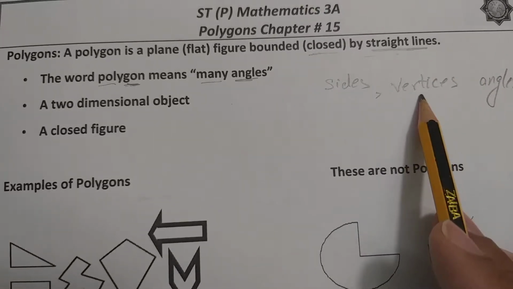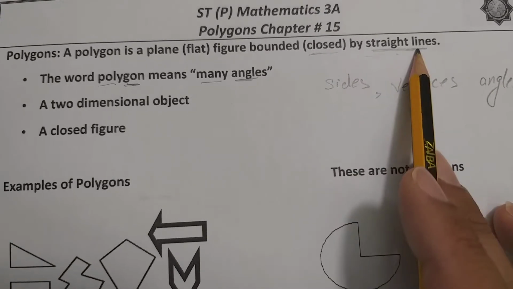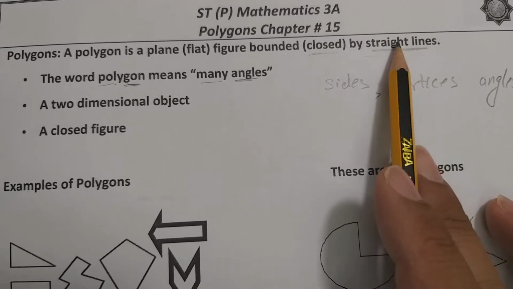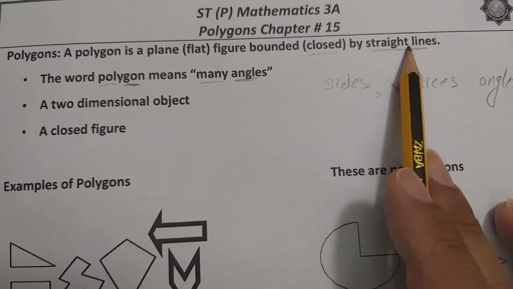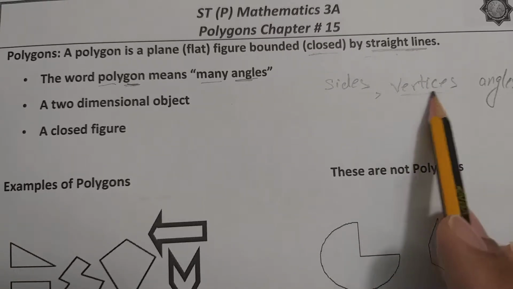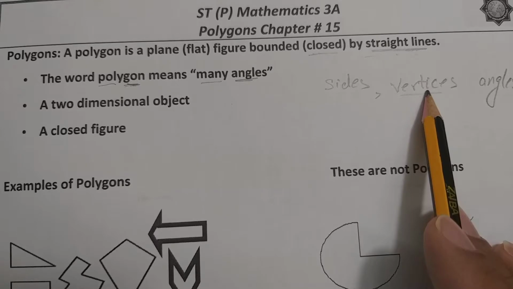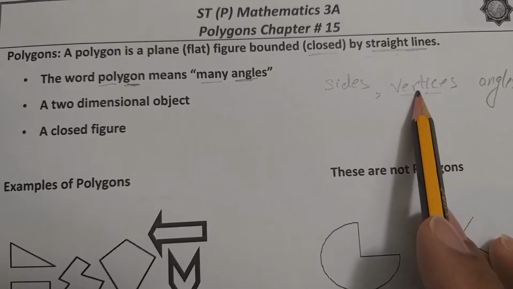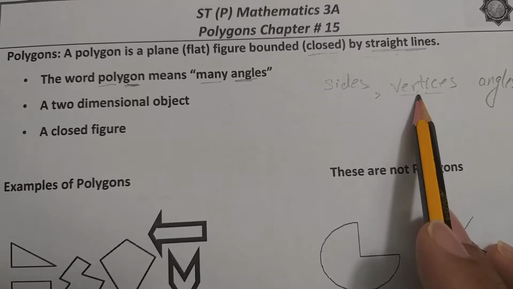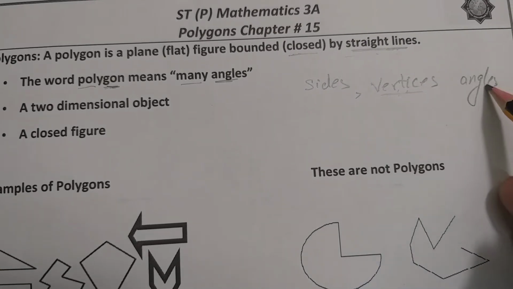And vertices means where straight lines intersect or where the straight lines join, there a vertex becomes. And because of those vertices, because of those intersections, there become angles.